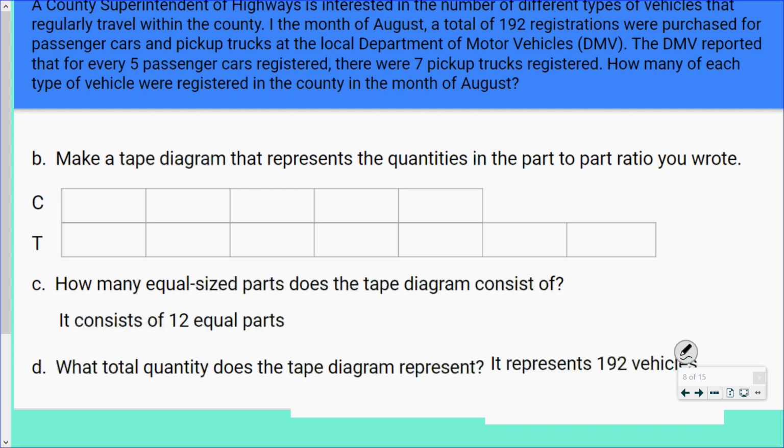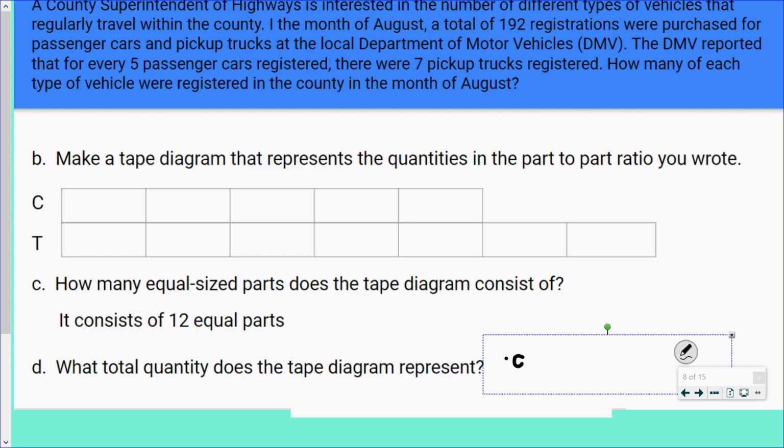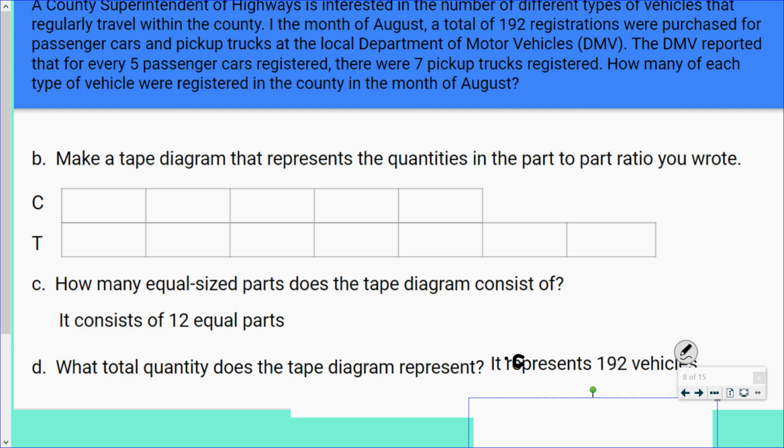And the tape diagram on part D, what total quantity does the tape diagram represent? Bennett already saw the answer. Yeah, so did I. So the whole tape diagram represents the total number of registrations purchased in the month of August, which is 192 vehicles.